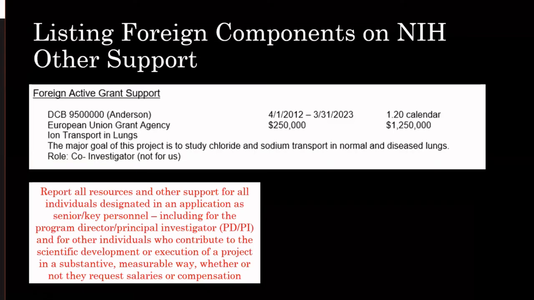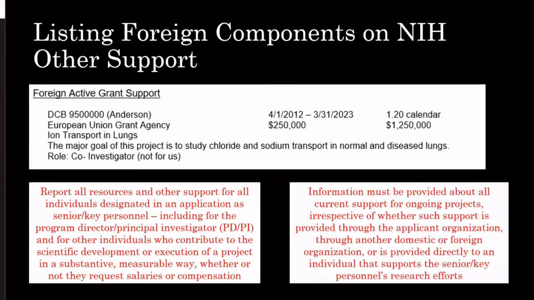They all need to be listed here. Information must be provided about all current support for ongoing projects, irrespective of whether such support is provided through the applicant organization, through another domestic or foreign organization, or is provided directly to an individual that supports the senior key personnel's research efforts.